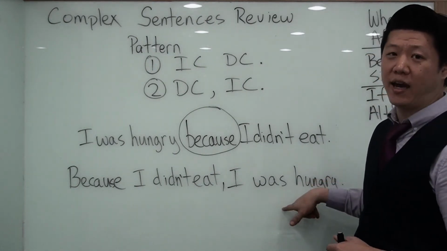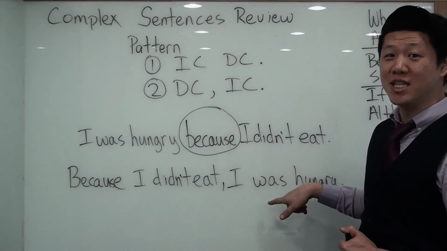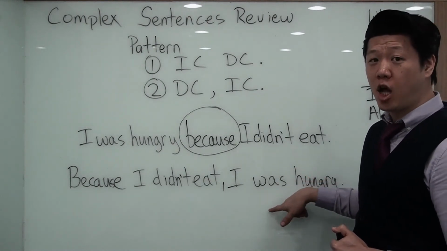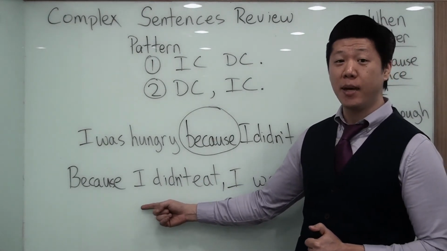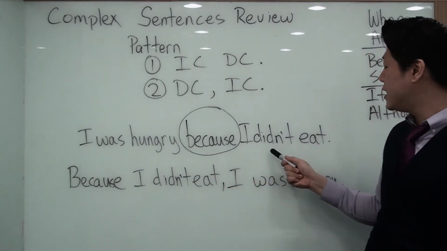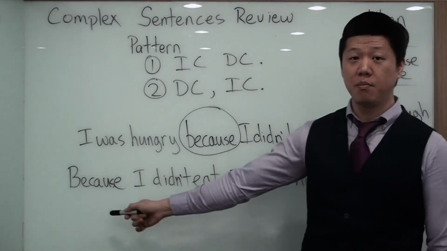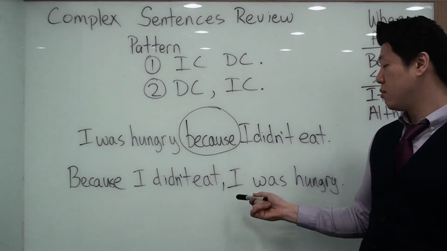You need to have an IC. This is absolutely necessary. You need an independent clause if you are going to start a sentence with a dependent clause. Again, I was hungry because I didn't eat, period. Because I didn't eat, comma, what happened? I was hungry.